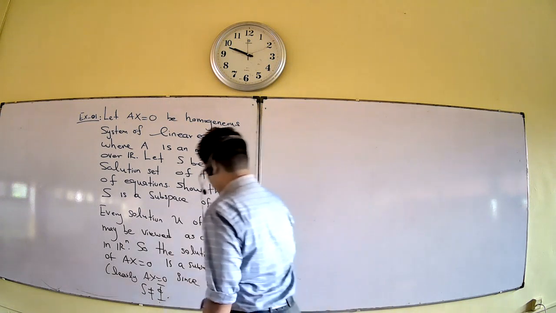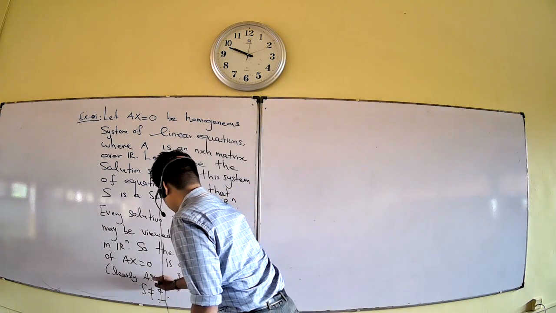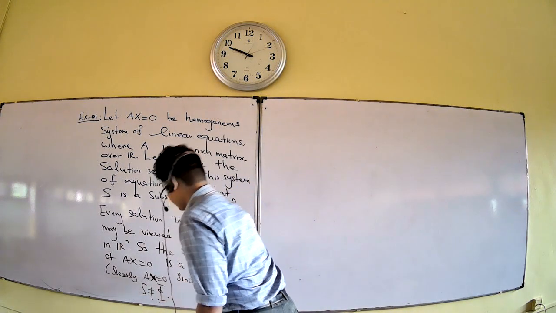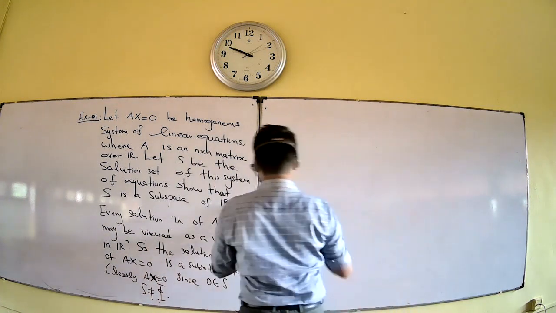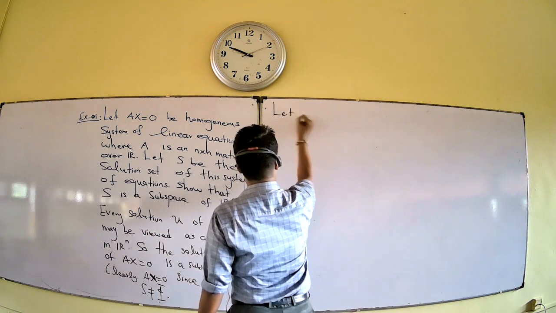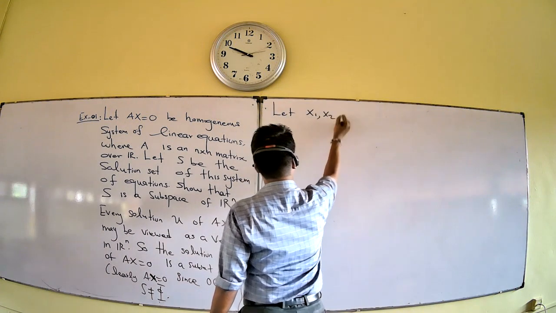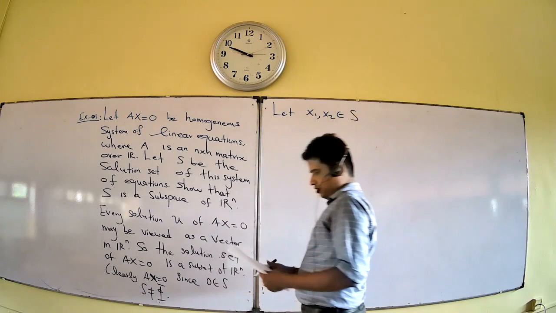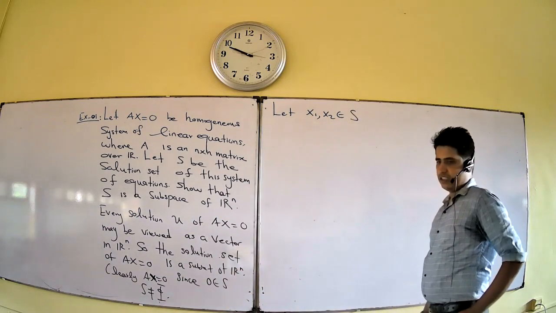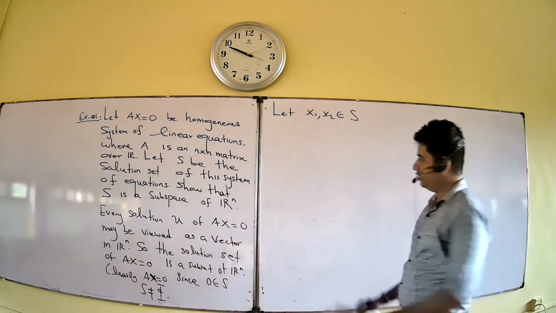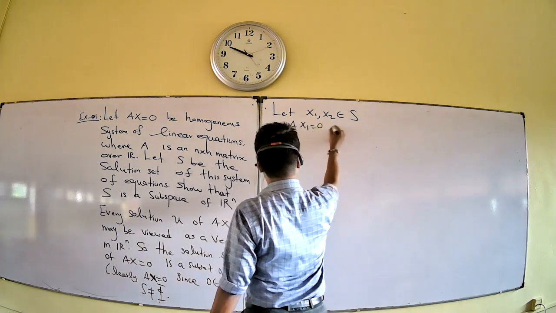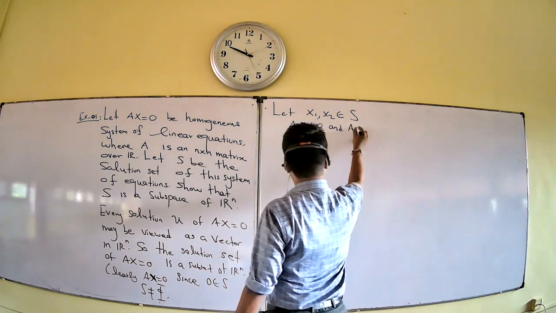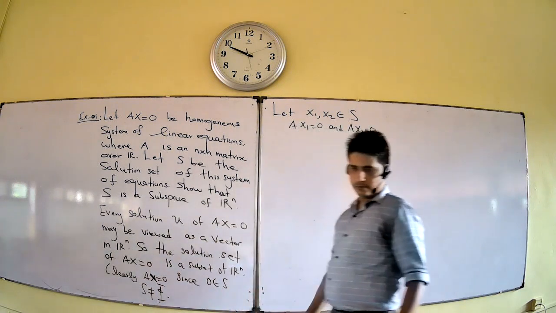Now take two solutions, x1 and x2, of S. Since x1 and x2 are solutions, they satisfy this equation. Therefore, Ax1 equal to 0 and Ax2 also 0.